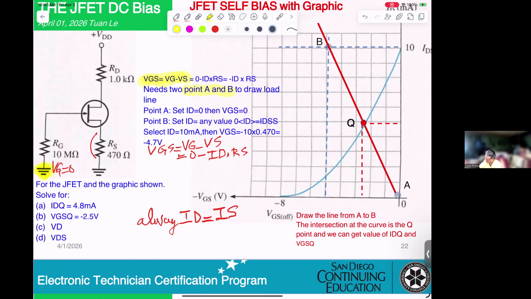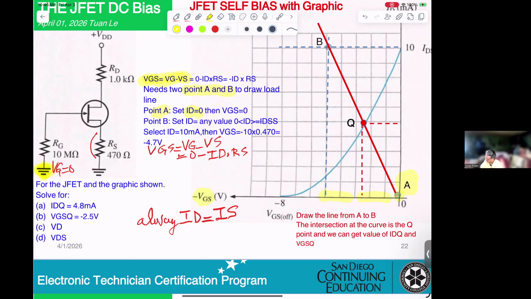First thing, point A. Okay, you get this point. At this point, what ID equal? You want ID, you go to the left here, 0. Okay, and the next one, ID equal 0. Okay, point A, ID equal 0. What VGS is also equal 0.